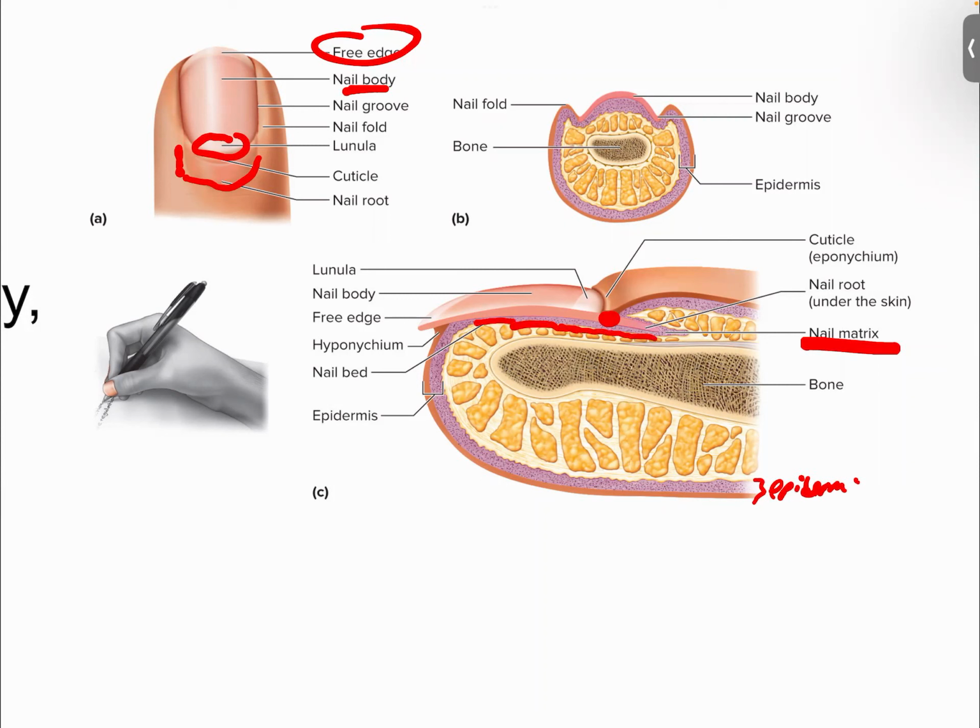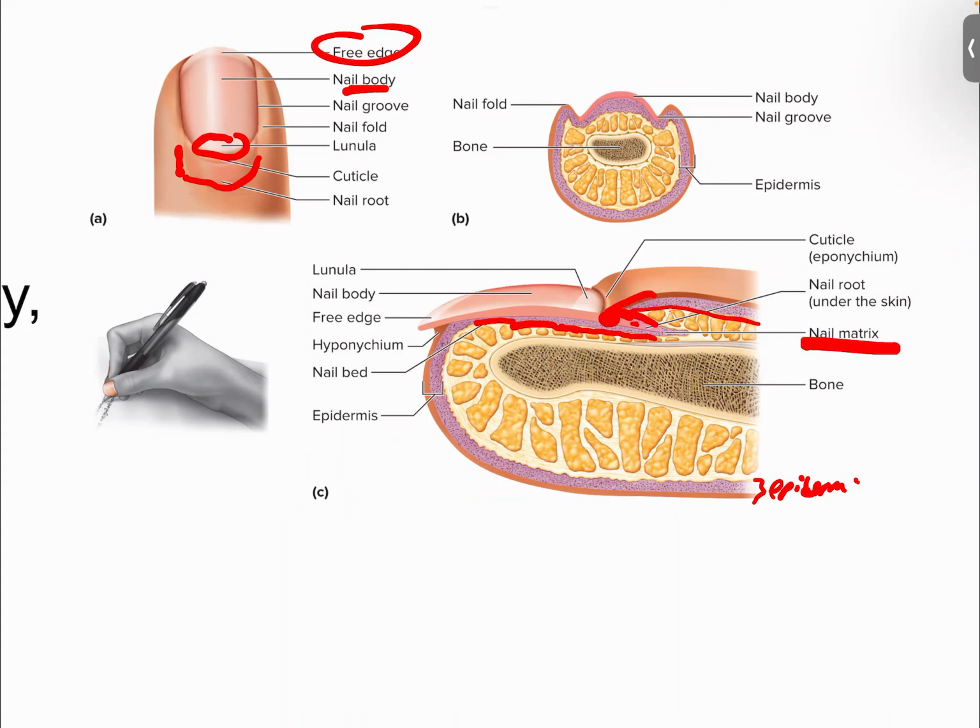All your stratum basale has to do is make new cells, and when it treadmills up, the corneum, instead of just being dead skin, completely keratinizes into hard nail tissue. So you can see how all you have is a slight modification of your epidermal layers. You give it a little bit of a wrinkle right here, where you get this sort of overshift on top of it, and you continue on with your skin.